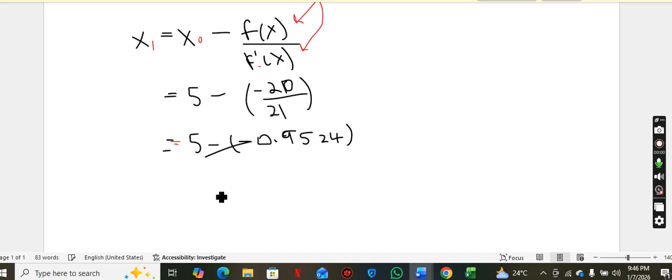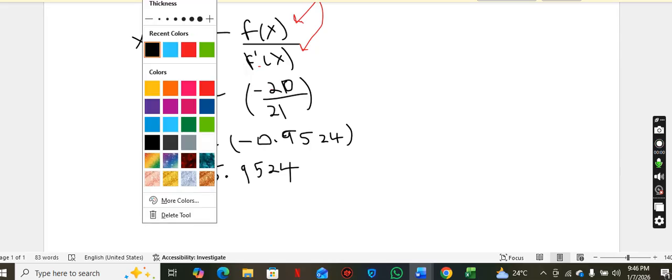So 5 minus negative 0.9524. Negative and negative make positive, so it's the same as 5 plus 0.9524, which gives you 5.9524. That is our x1. Any questions?